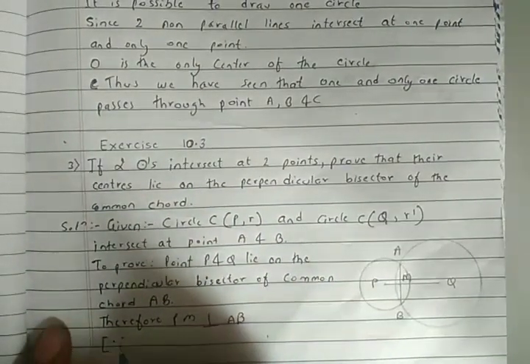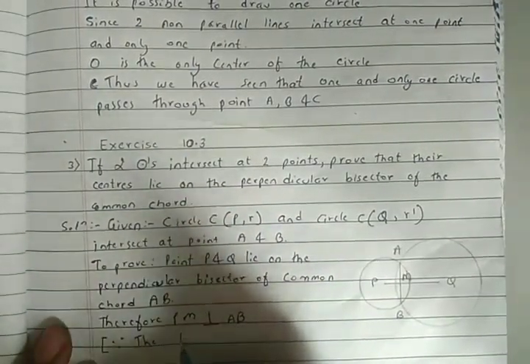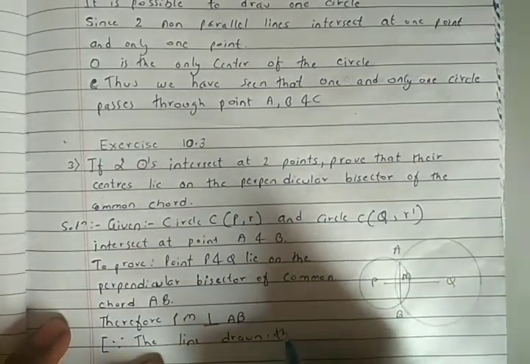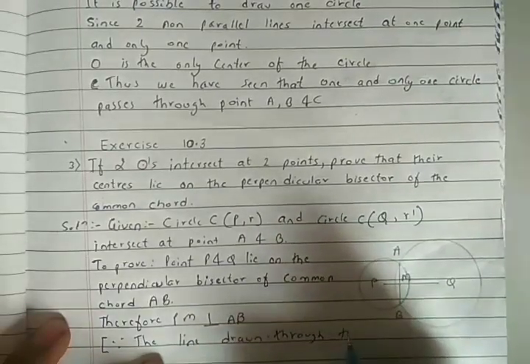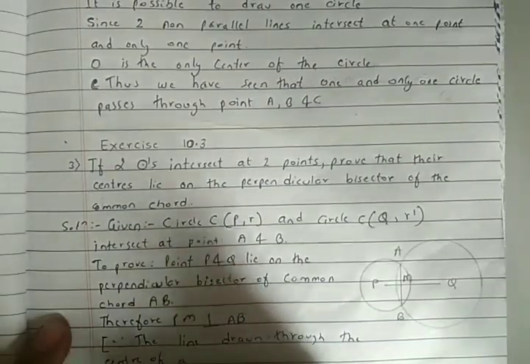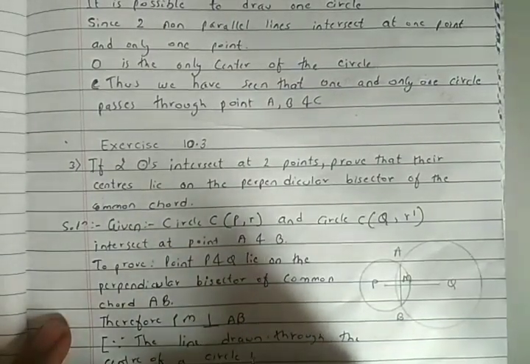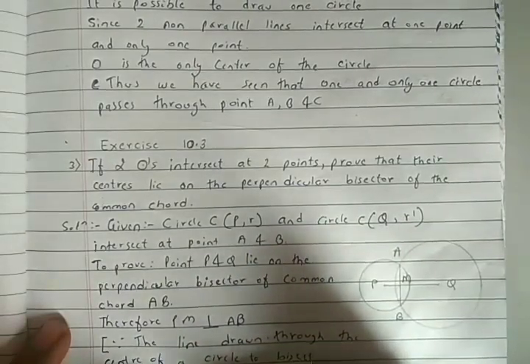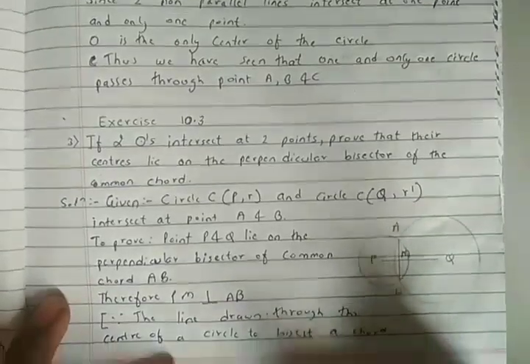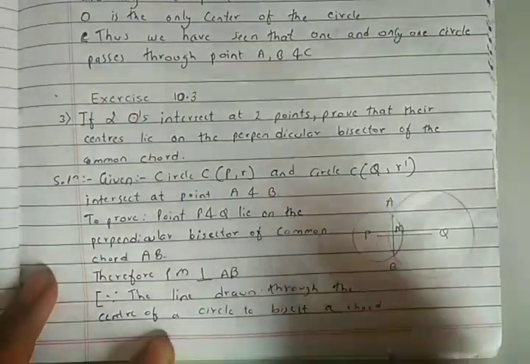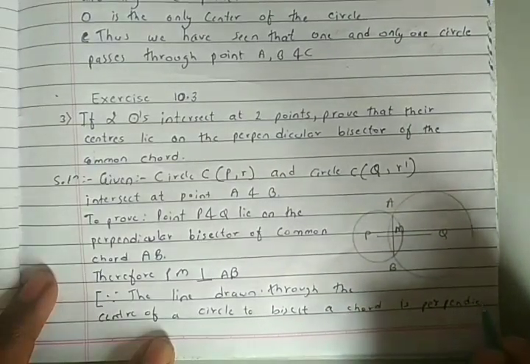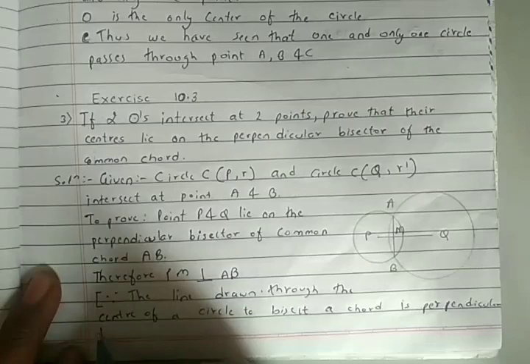We will write the reason, because the line drawn through the center of a circle to bisect a chord is perpendicular to the chord.